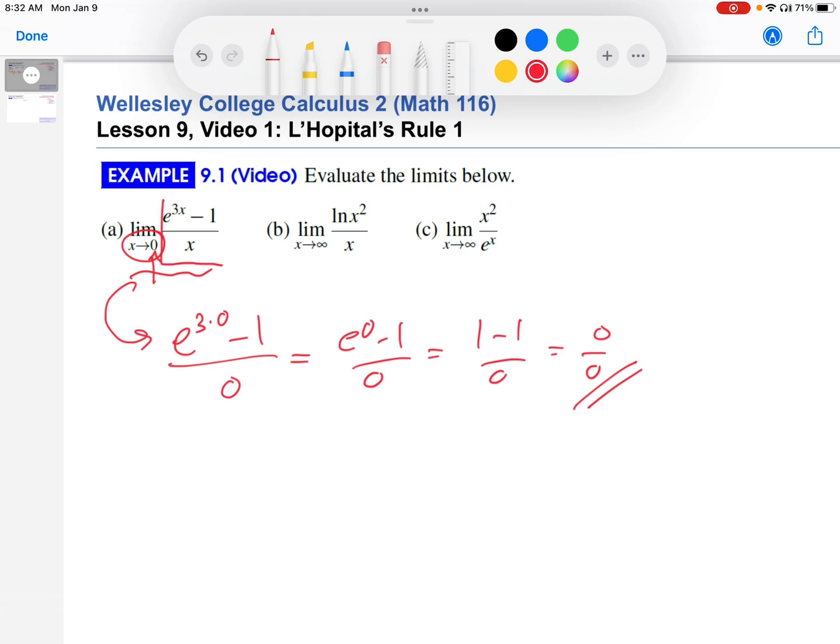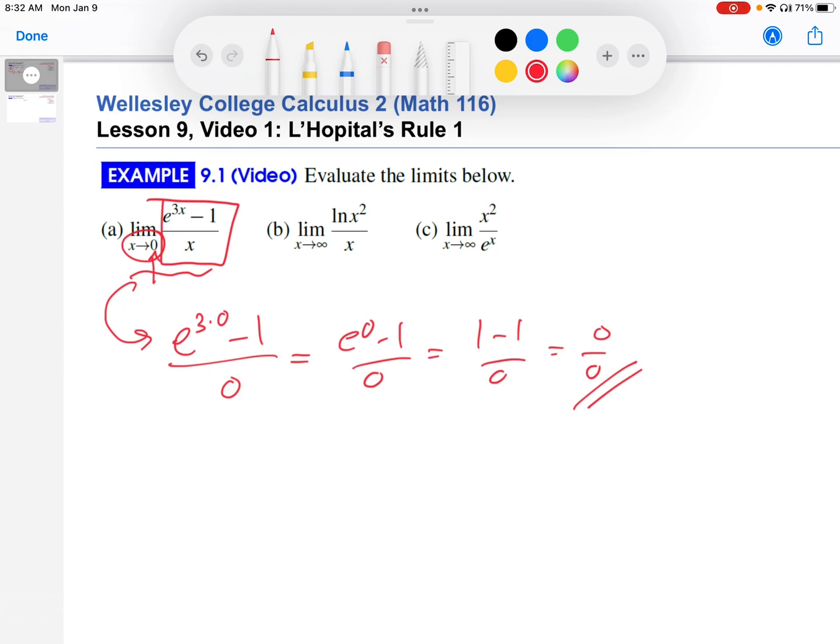So now I would recommend going back to look at the function and see if there's any algebraic simplification you can do, in other words, avoiding L'Hopital's rule. I wouldn't say I have a bias against L'Hopital's rule, but because it requires differentiation, it's a personal preference, right? If you can avoid L'Hopital's rule, you avoid differentiation. If you're really good at differentiation, you might want to try L'Hopital's rule.